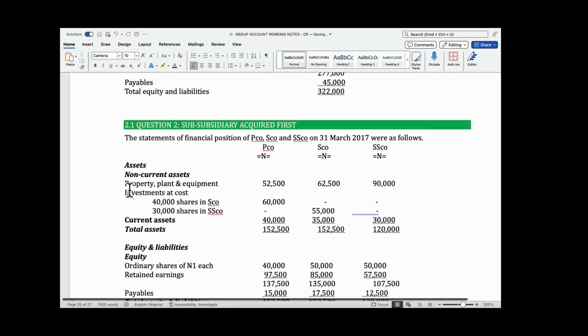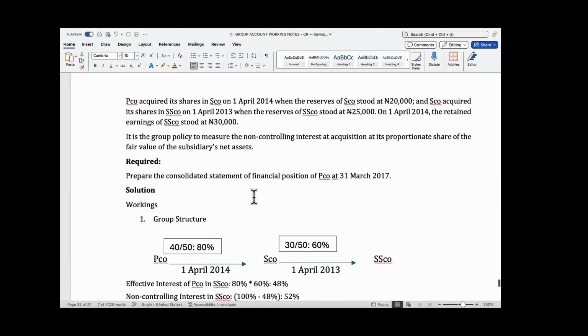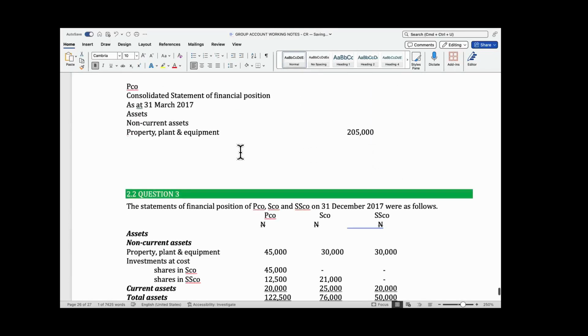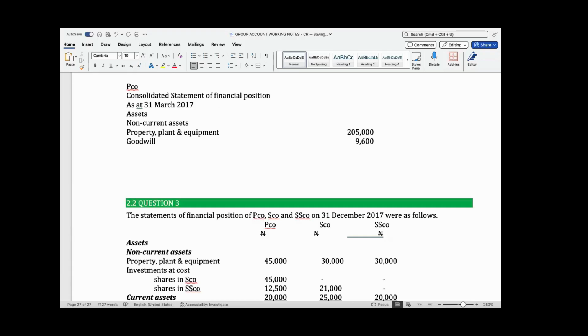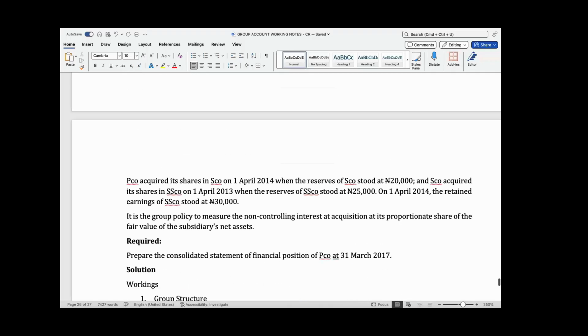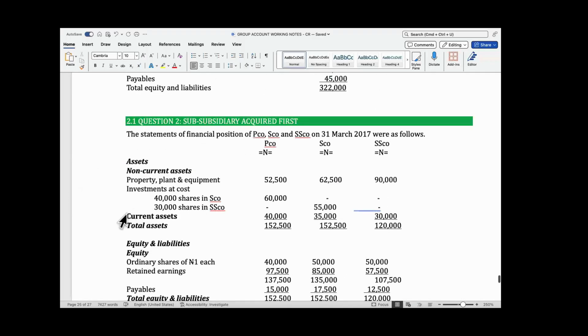Then the next item is investments, goodwill, and this has been cancelled out, leaving goodwill of 9,600. So what are the others? These current assets.